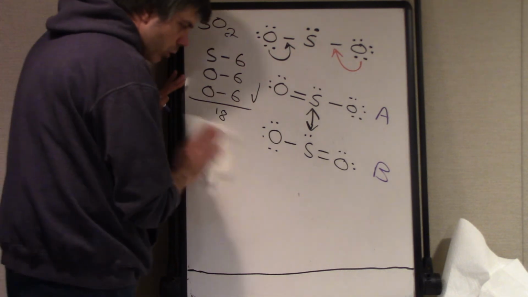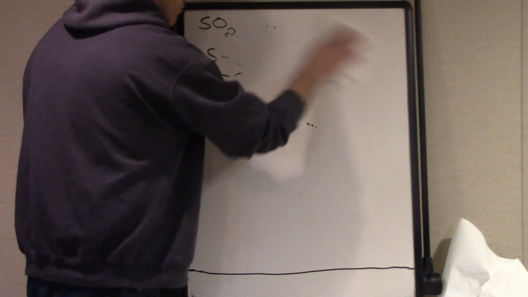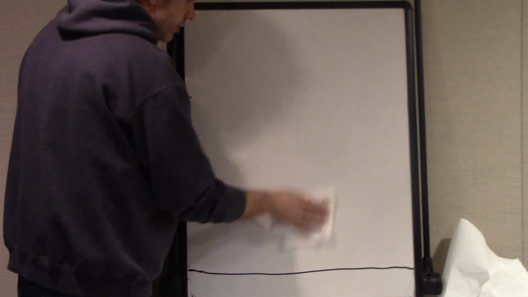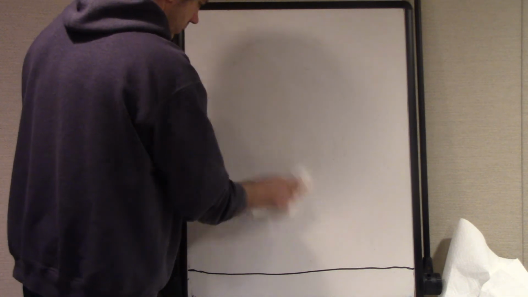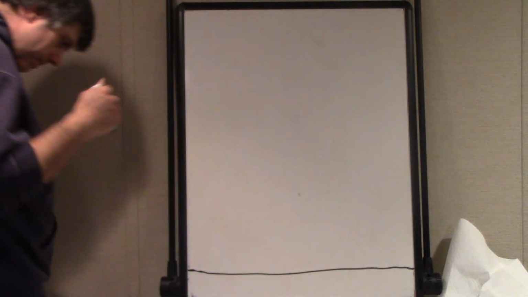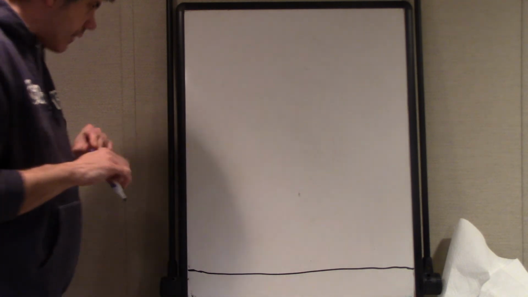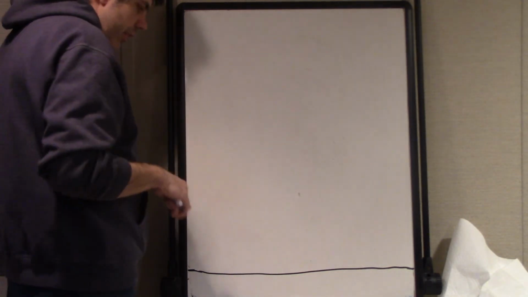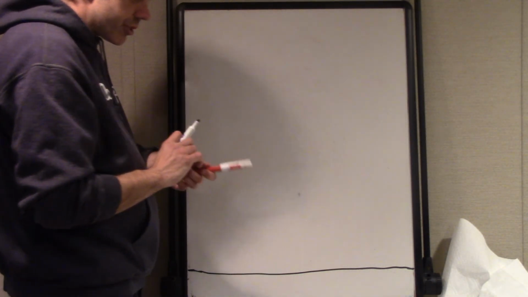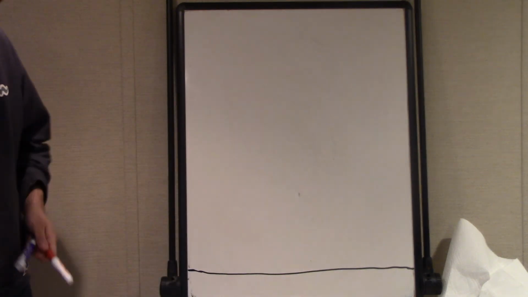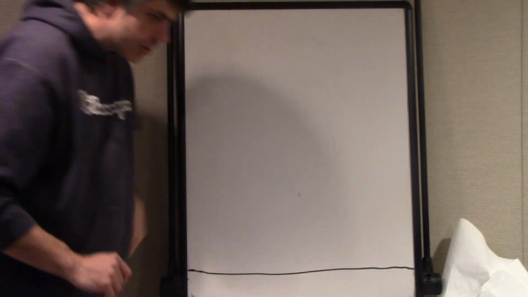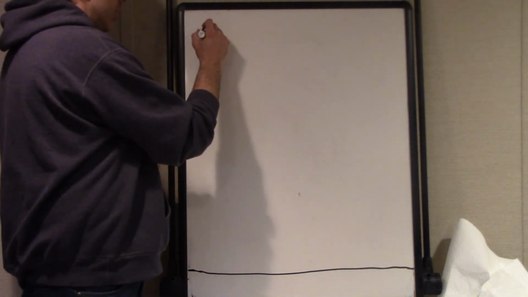I want to do a couple more in this first video. And the next one I want to do is this: Lewis structure writing works not just for molecules, but it also works for some of your polyatomic ions as well.